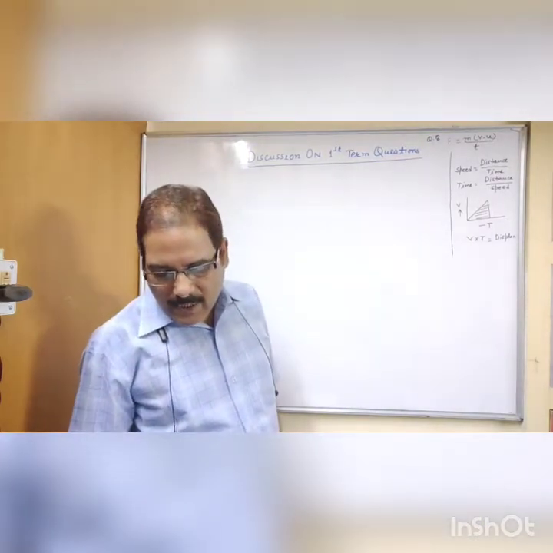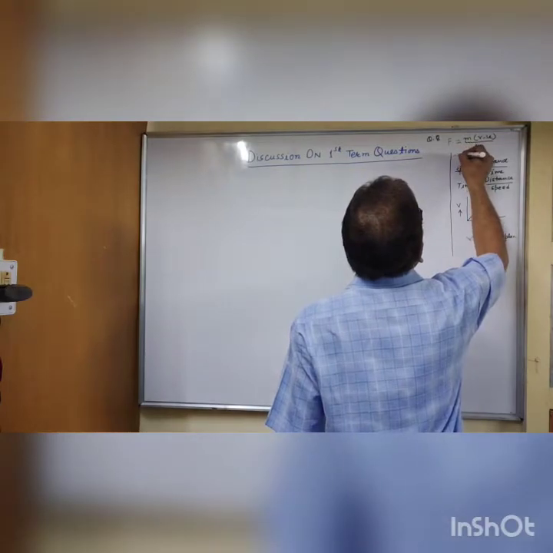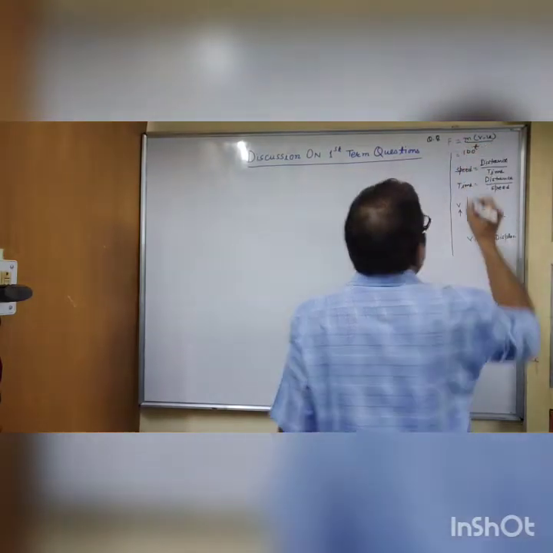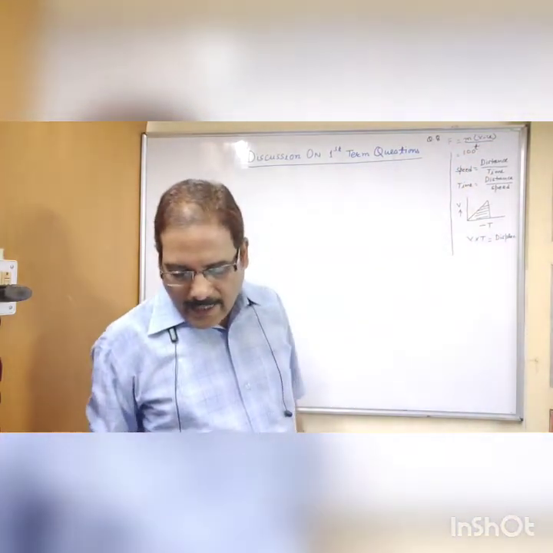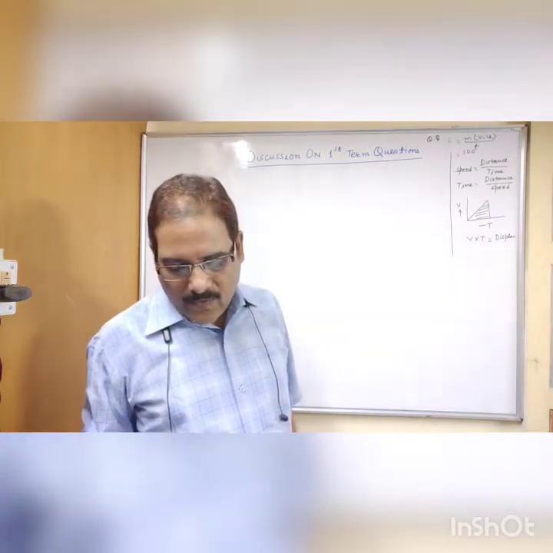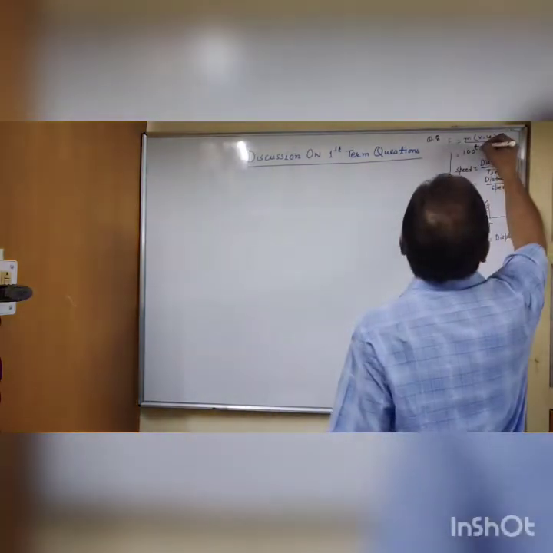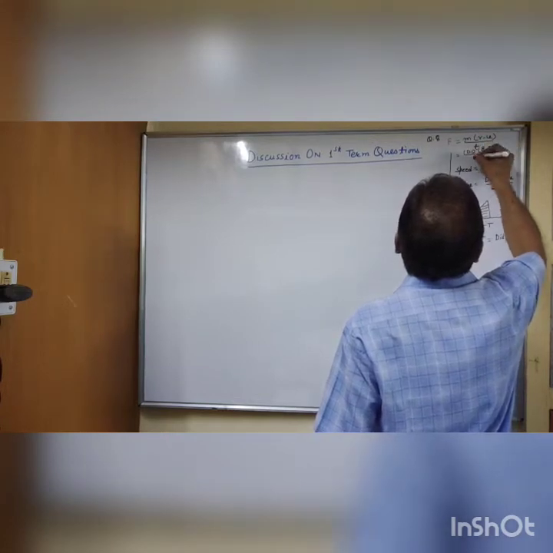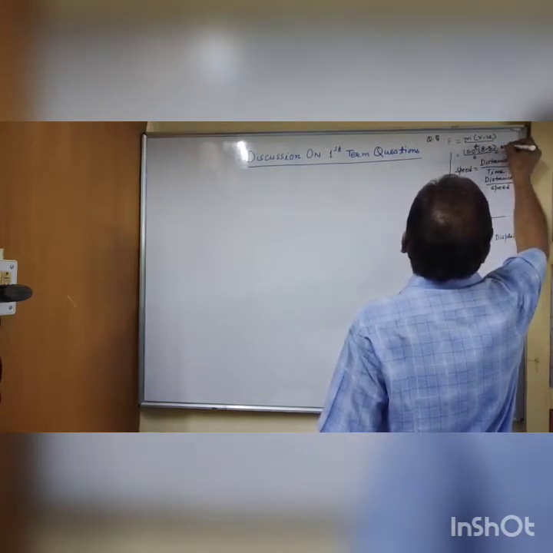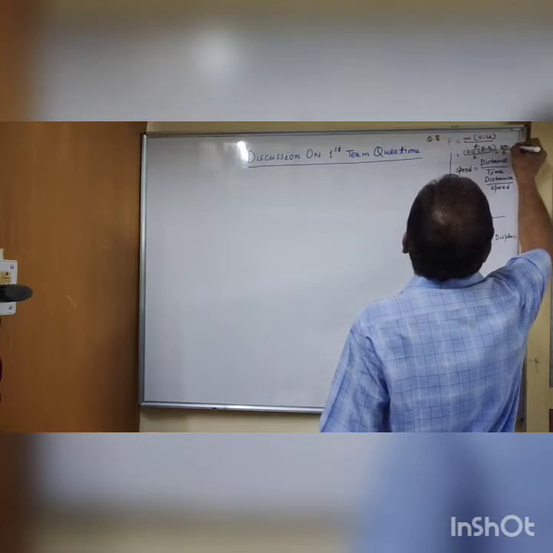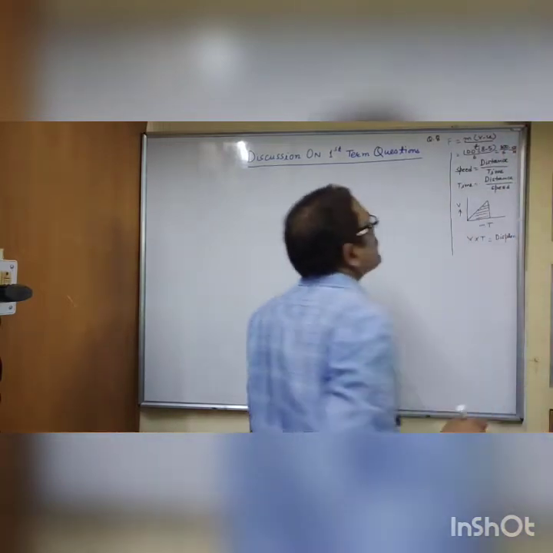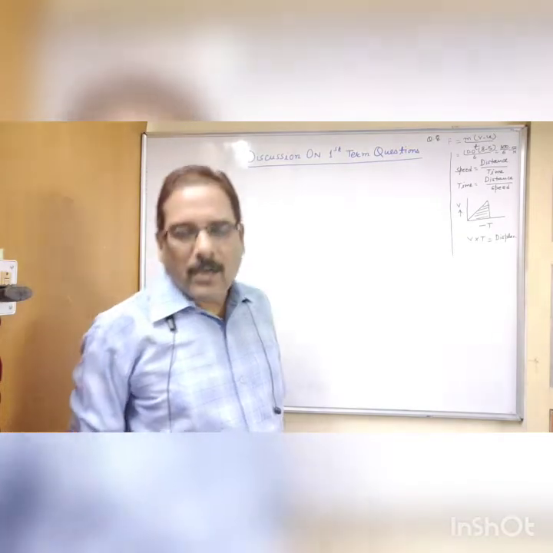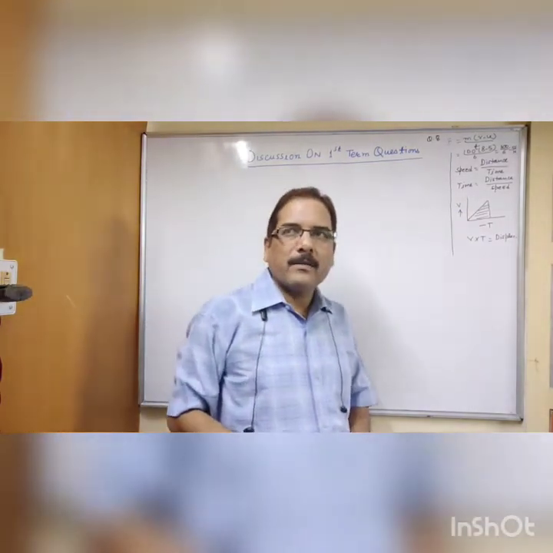The mass of the object is given, it is 100, and from the question it is clear that v is 8 and u is 5. So 8 minus 5, and t is 6. So it will be 300 by 6, so 50 Newton. So D option is correct, isn't it?